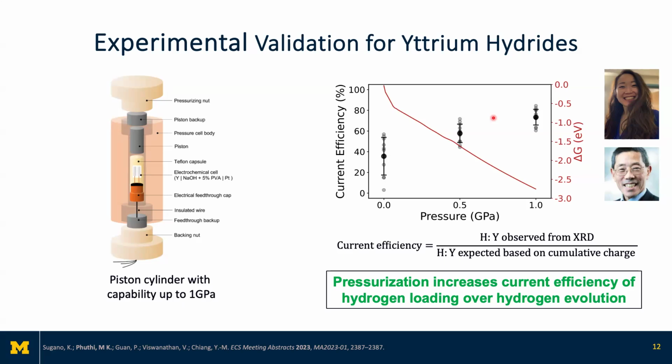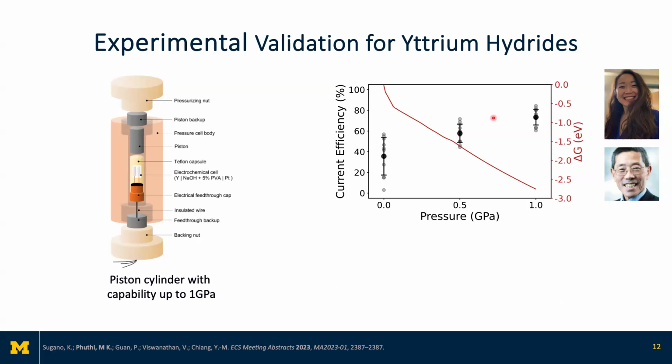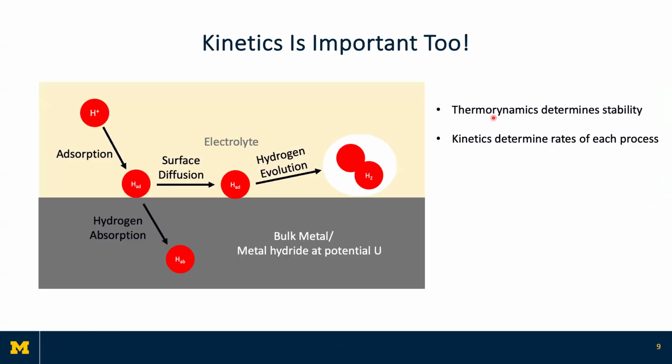Yeah, so the hydrogen essentially has to diffuse into the bulk, right? So that's again another kinetic process. There's a barrier to how much hydrogen is absorbed. It has to diffuse slowly into the bulk, and the bulk has to change from the surface going in. Now, the crystal structure changes depending on how much hydrogen is absorbed, and it also changes due to the pressure. In the YH3 case, you can form either an FCC phase or an HCP phase.